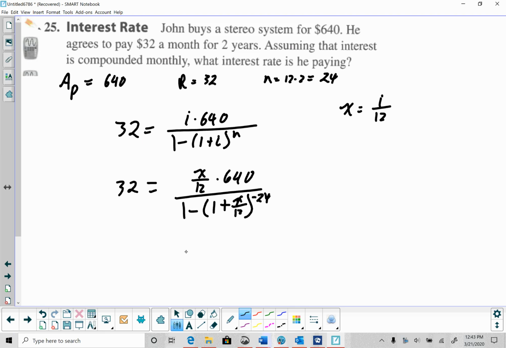Again, we solved that. So I is approximately equal to 0.182, which, okay, to be consistent with what we've done before, we really should take that and convert that into a percentage. To say he's paying about 18.2%. Okay.